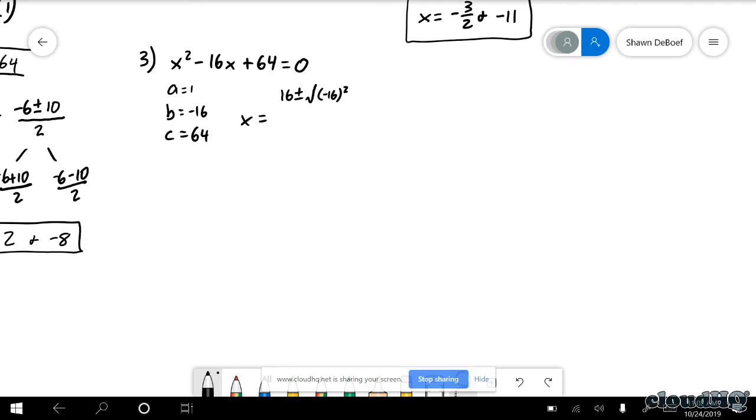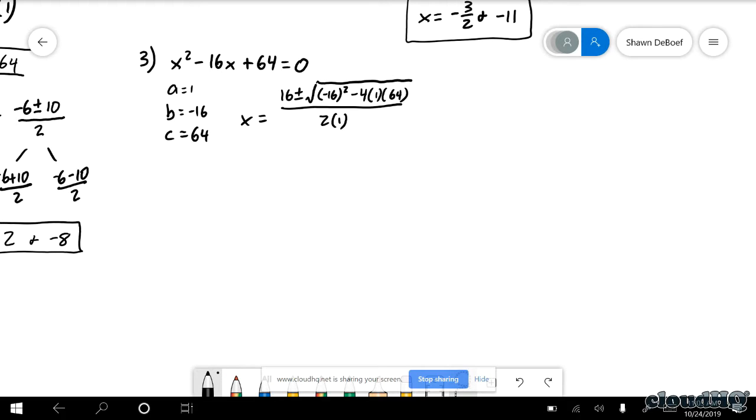Also, when b is negative and you square it, I see a lot of people make a mistake. Make sure that when you square b inside of your square root, since b was negative, it needs to be in parentheses before you square it. If you don't use parentheses, your calculator will tell you it's a negative number.